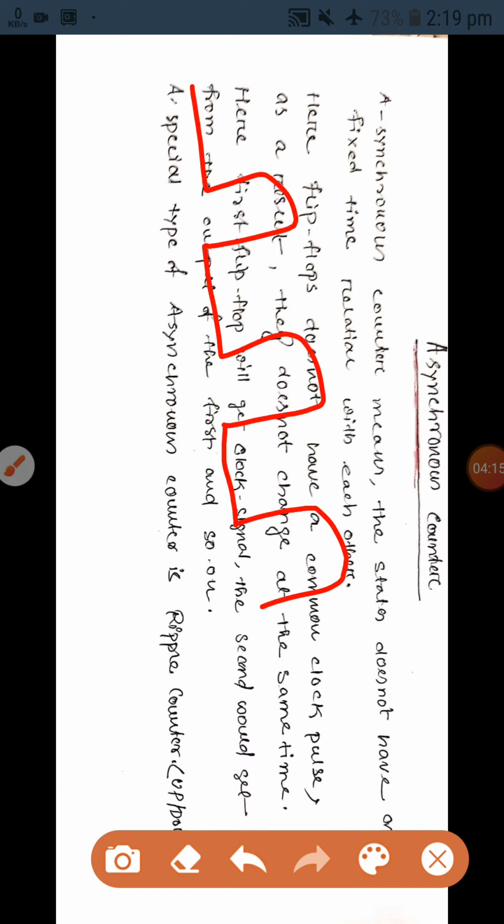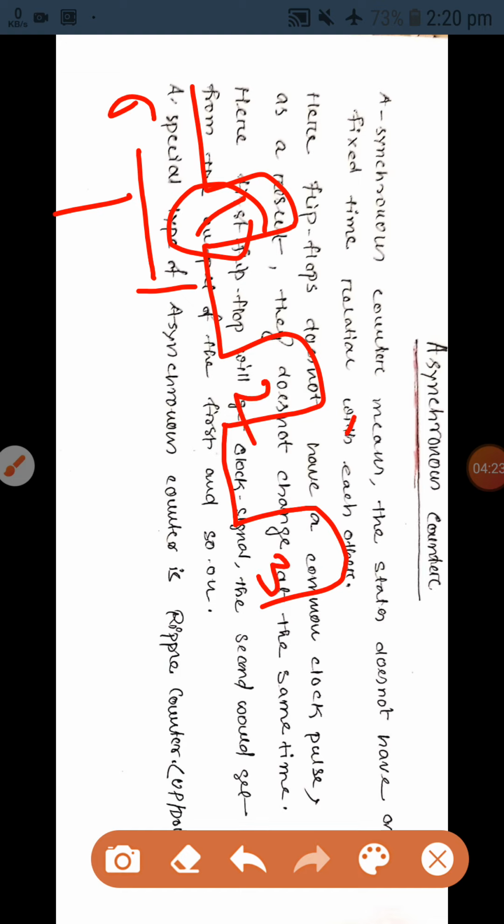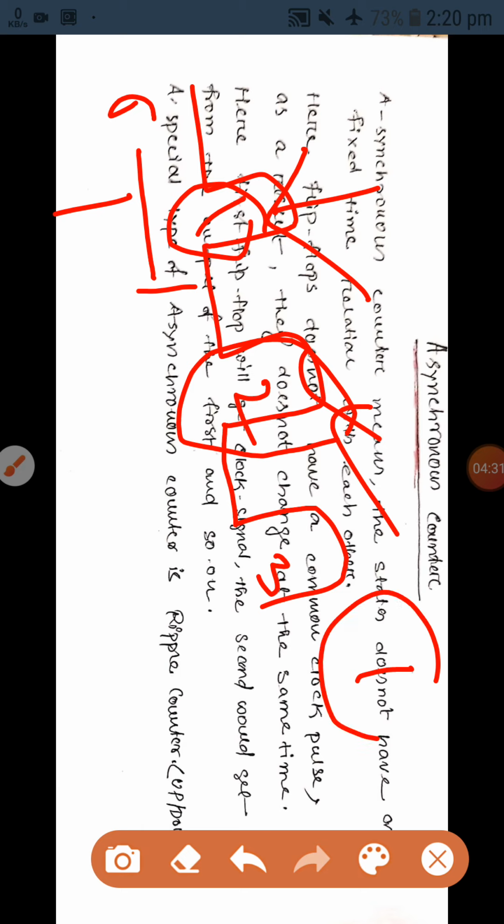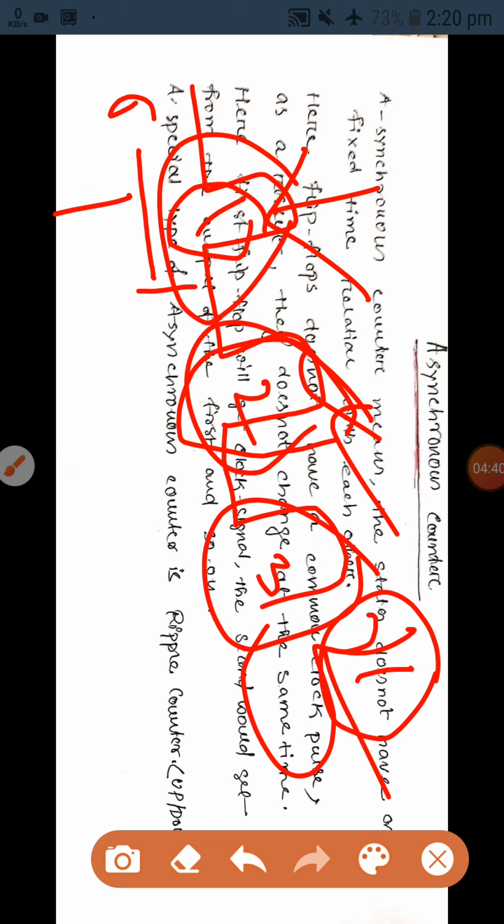From 0, this is 1 second for state 1, for state 2, and this is for state 3. But it is not sure that as state 1 was initiated after 1 second, state 2 also will be initiated after 1 second. No, it is not sure. It may be after 2 seconds, it may be after 3 seconds. A different state may take different time segments to be activated.